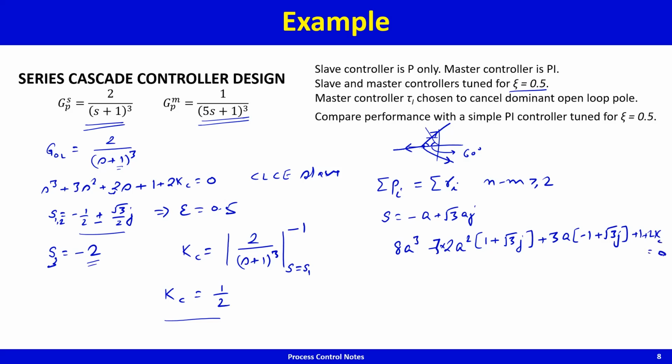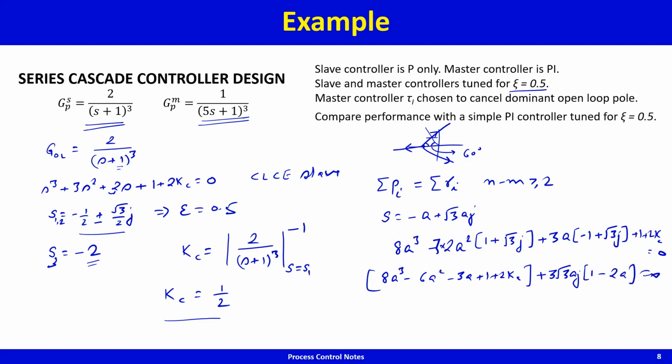And therefore what you get is 8 a cube minus 6a square minus 3a plus 1 plus 2Kc. That's the real part, and the imaginary part is 3 square root 3 aj, so that turns out to be 1 minus 2a.